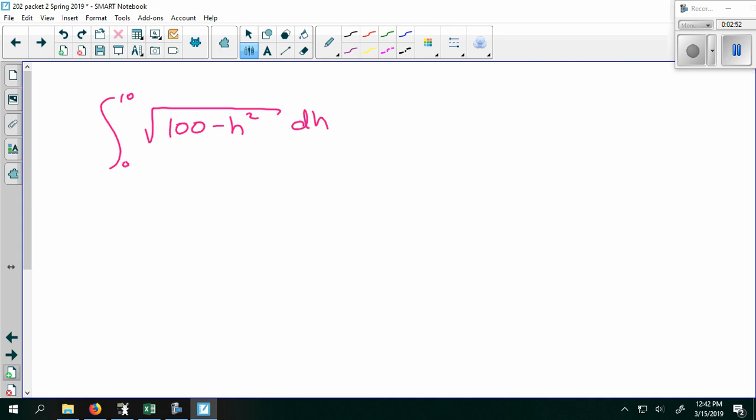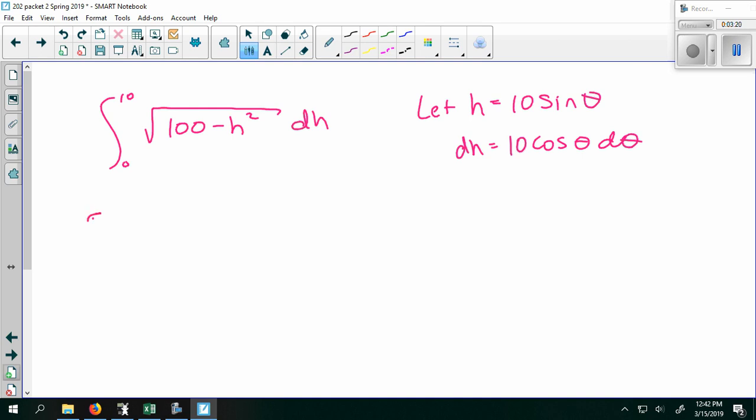I am going to let h be 10 sine theta, which means dh is 10 cosine theta d theta. And I'm going to make my substitution. I am just going to try to find an antiderivative, and after I convert back, I'll put the bounds on.